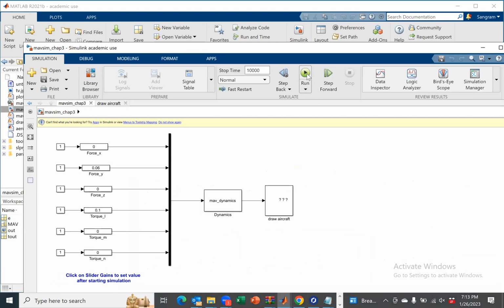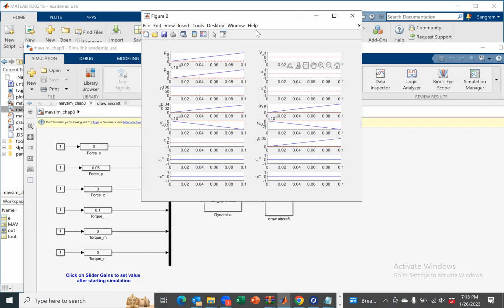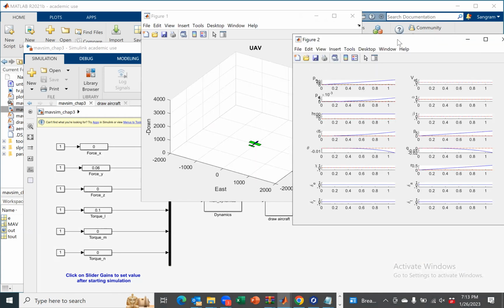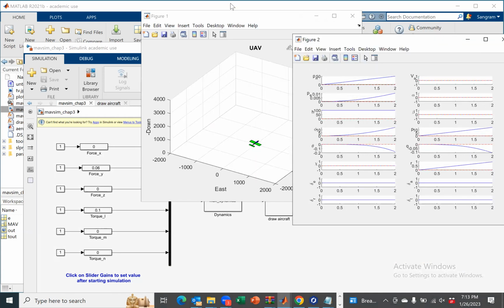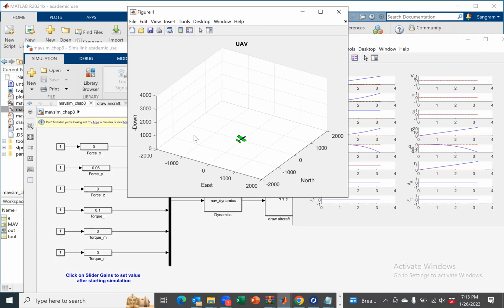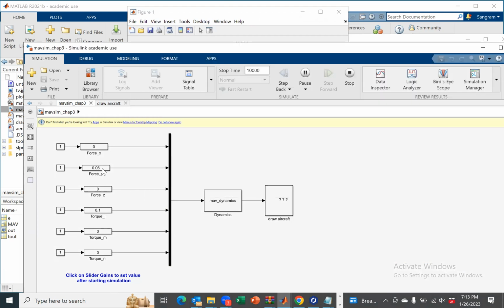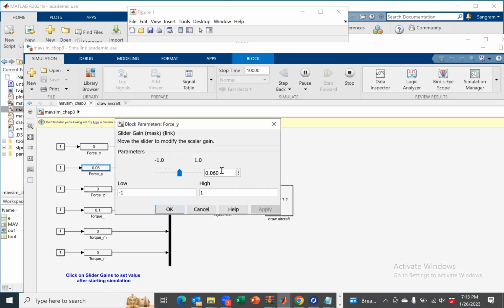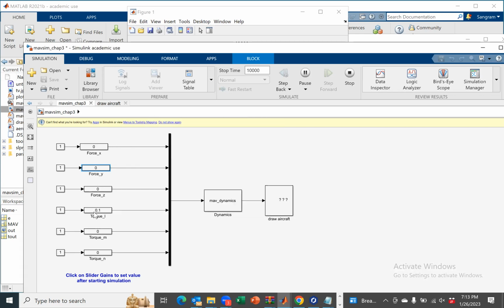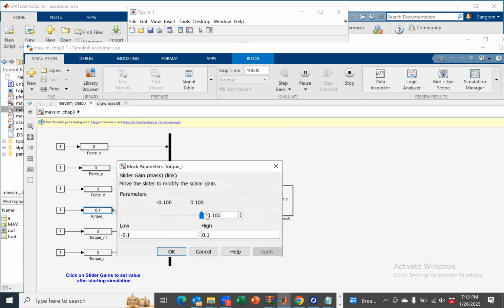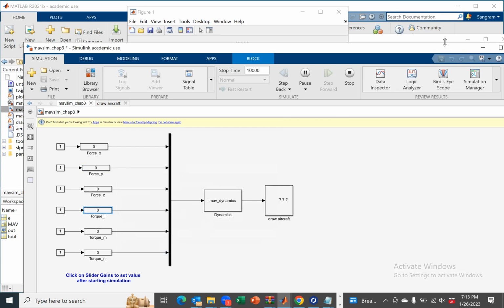And once you implement everything correctly, when you run it, what you should see is these values. These are the aircraft values, and you should see your aircraft. Now, if you change this torque to 0, you will notice in the simulation.